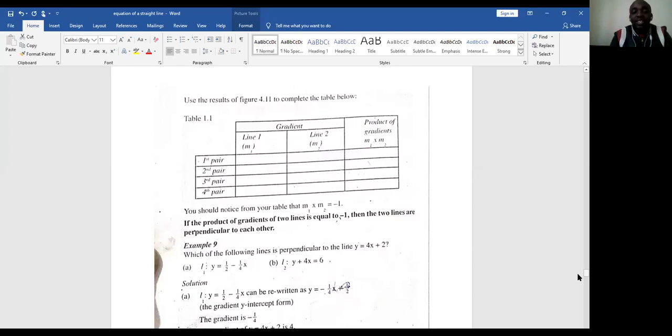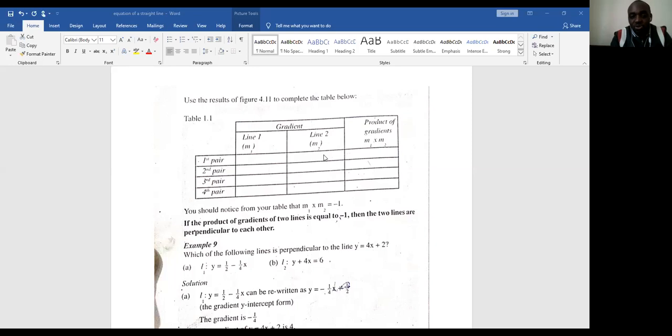Now, the test of 2 perpendicular lines is as follows. M1 is the gradient of line 1. M2 is the gradient of line 2. You multiply the gradients, that is, M1 multiplied by M2.